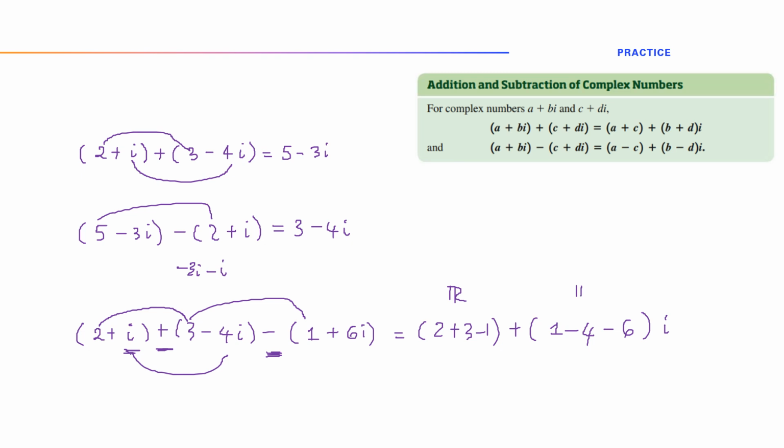So this is the imaginary part. Now we simplify: 2 plus 3 is 5, minus 1 is 4. Then 1 minus 4 is negative 3. Negative 3 minus 6 is minus 9i.